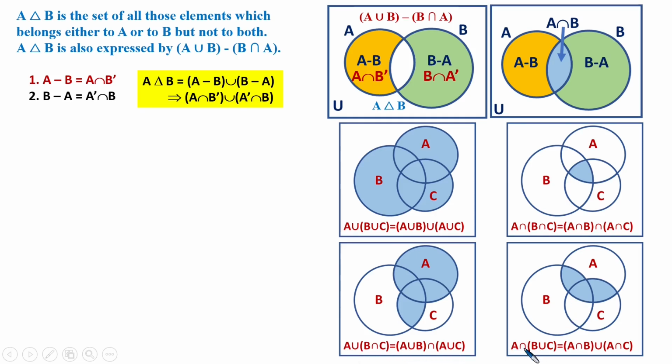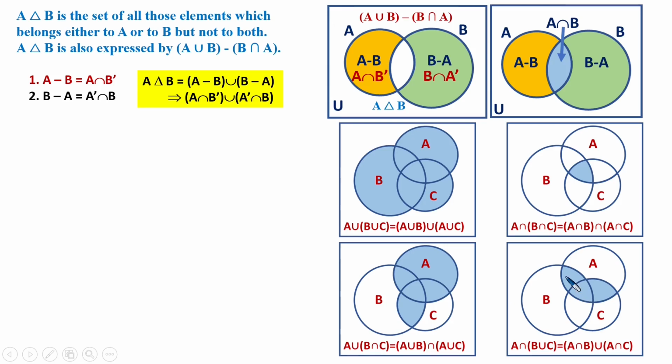Similarly, A intersection of B union C. First we take the parenthesis B union C, so this whole region B and this whole region C will become blue. The union will be this whole thing, but now I take A intersection. Intersection means common area, so this doesn't belong to this area and it cuts here.